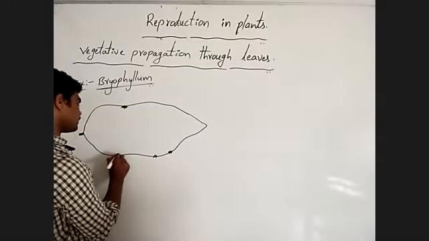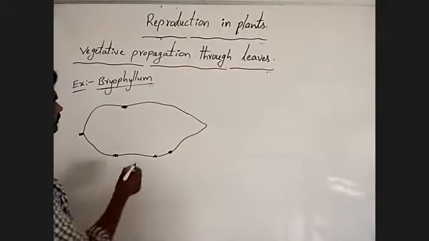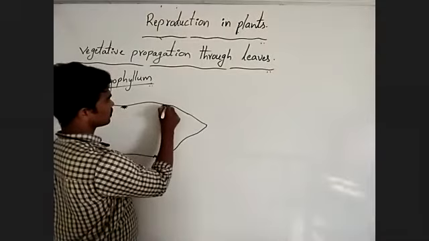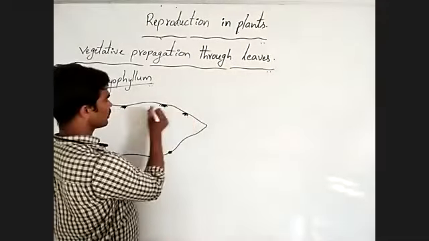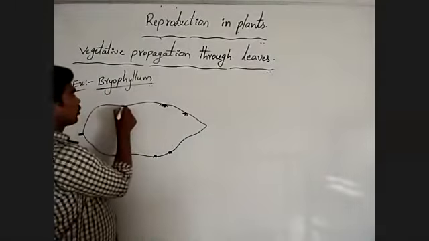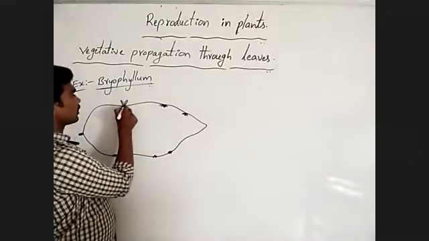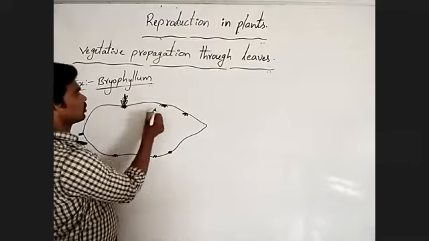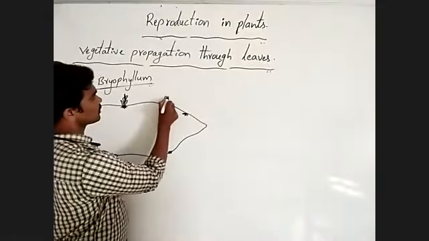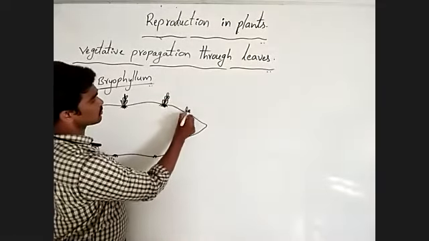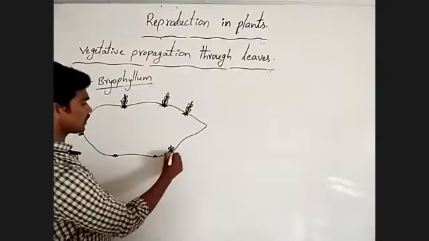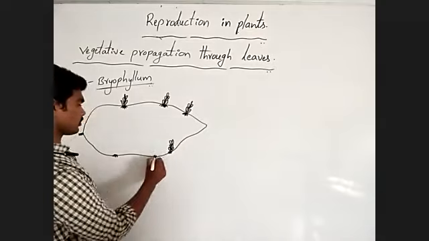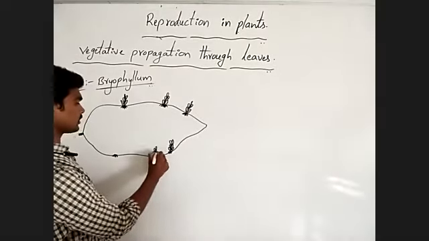some types of vegetative buds are developed. Those special vegetative buds gradually grow as small plantlets on the leaves, like this.